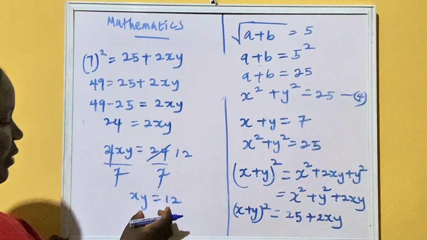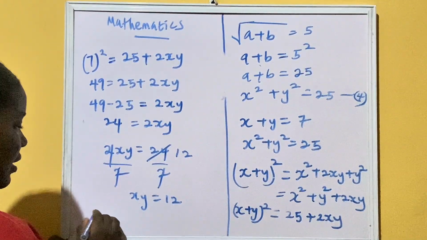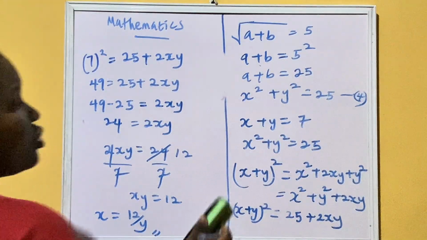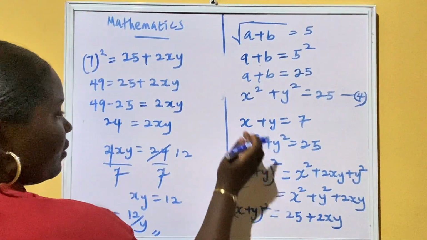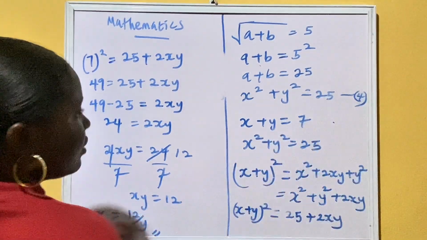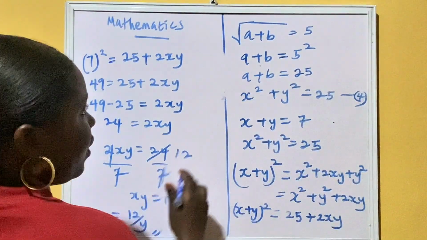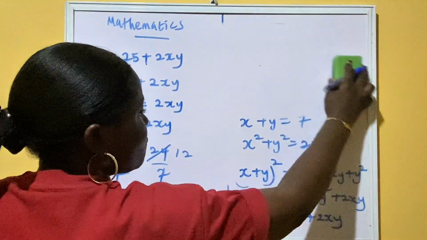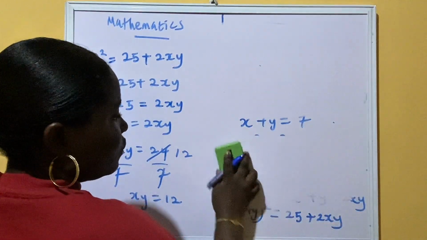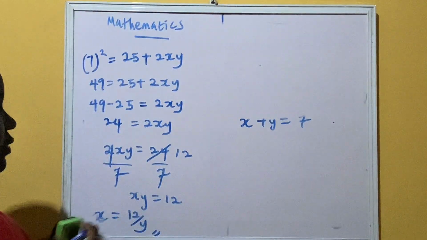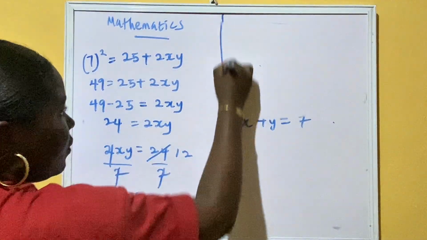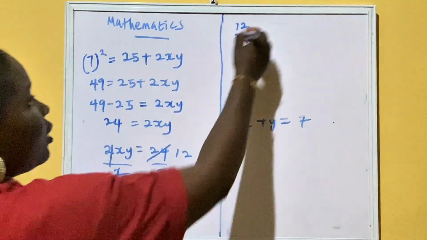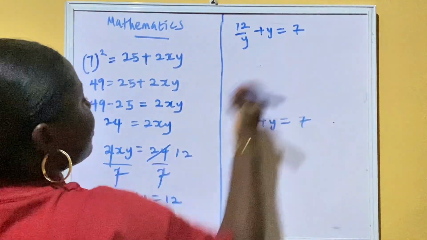So from here we can find the value of x. Now x will be equal to 12 over y. You substitute it into any of these equations, but I would like to substitute it here. Wherever I see x, I put 12 over y, plus y is equal to 7.